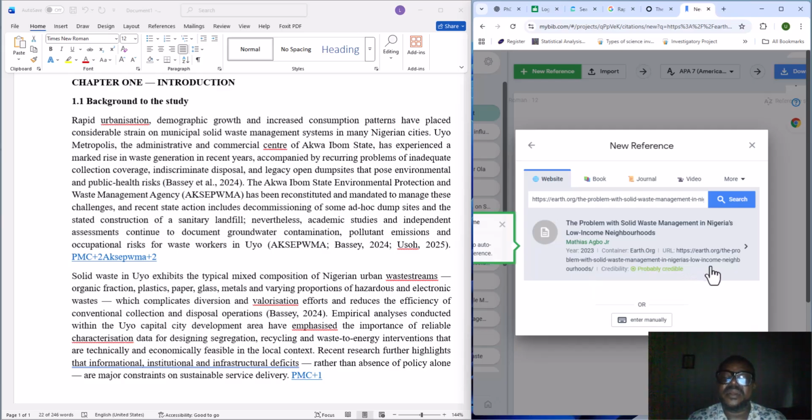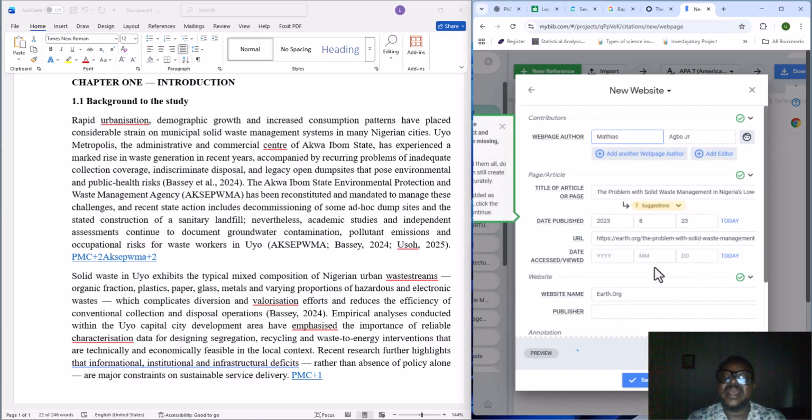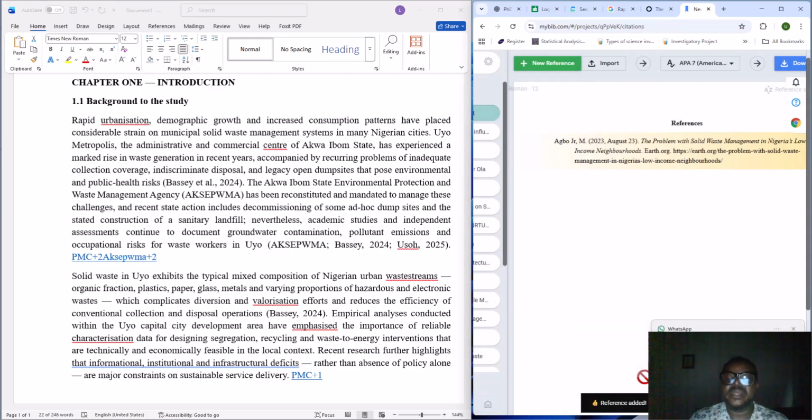So I click on it, and it's taking the work as web content, right? And it has even given us the website, so it means that you can reference this work. And this is how work that comes from websites is referenced in ACA style. Can you see? So I click on it, and it is already showing.